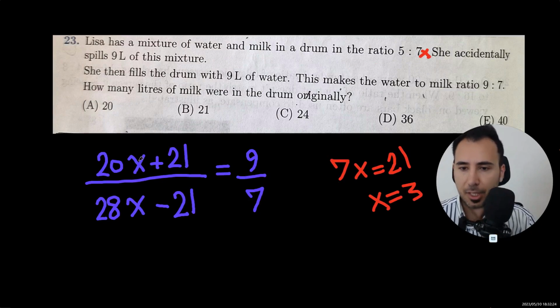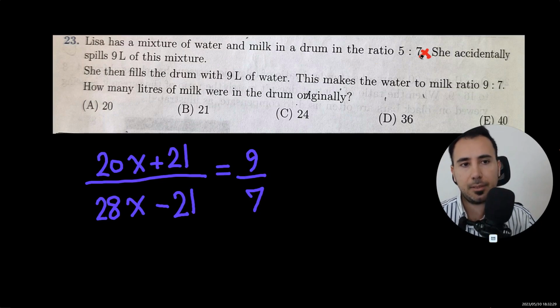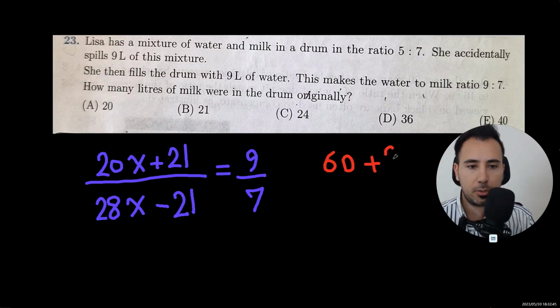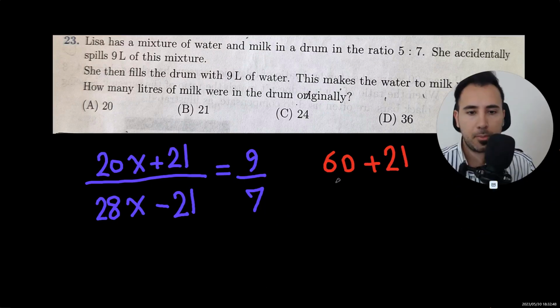Okay. Let's go and use the options we have. If x is 3, we put 3 here, and if it's 9 over 7, we had the right guess. So x is 3 is going to be 20 times 3, it's going to be 60 plus 21 over 28 times 3, it's going to be 84 minus 21.